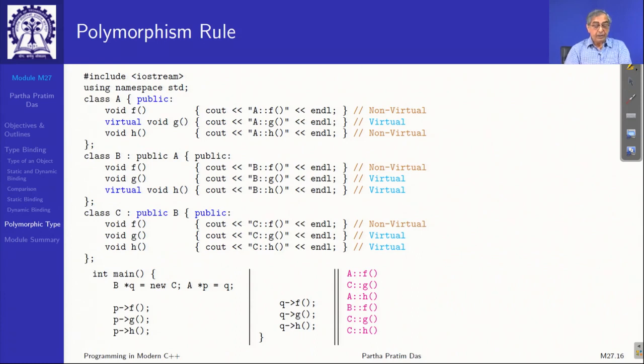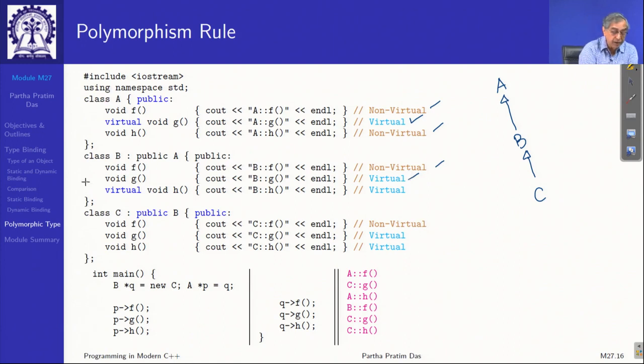So, that is just a quick set of illustrations. Here is a class A. So, this is the hierarchy diagram. Class A, which is a base class, has one virtual function G. F and H are non-virtual. Then it specializes into B, where F continues to be non-virtual, G is virtual. You would ask, why is G virtual?